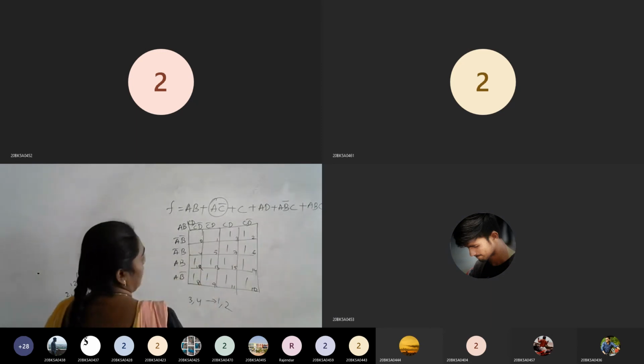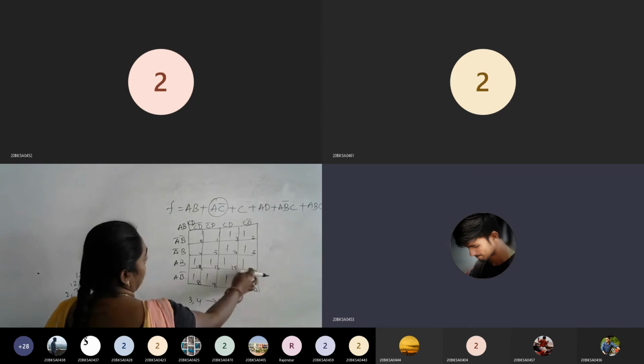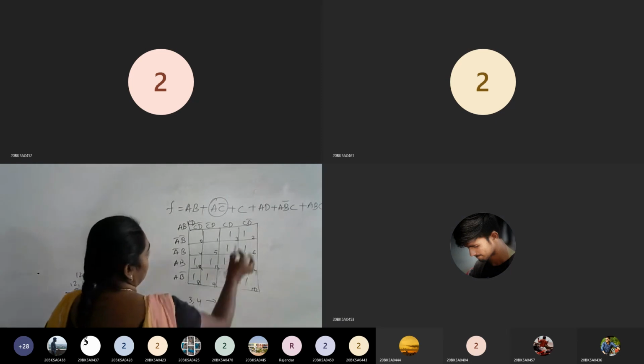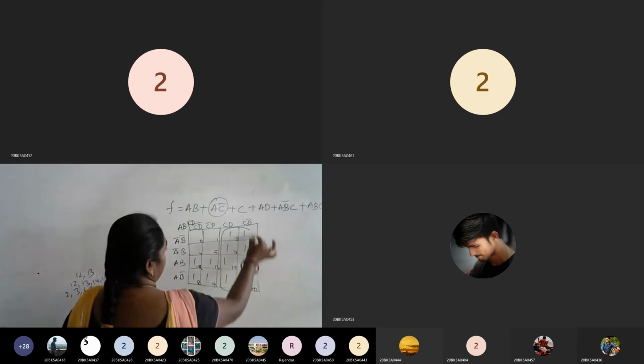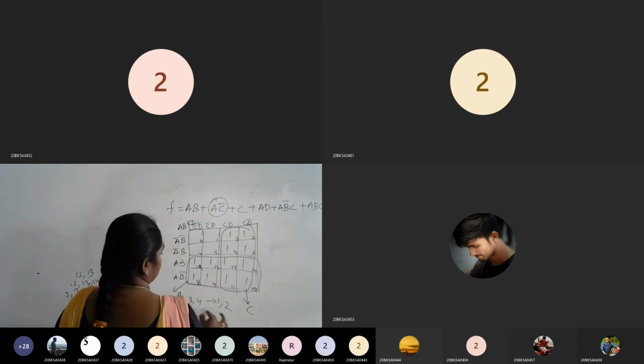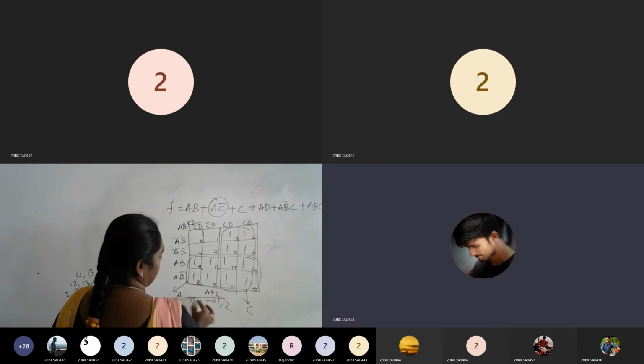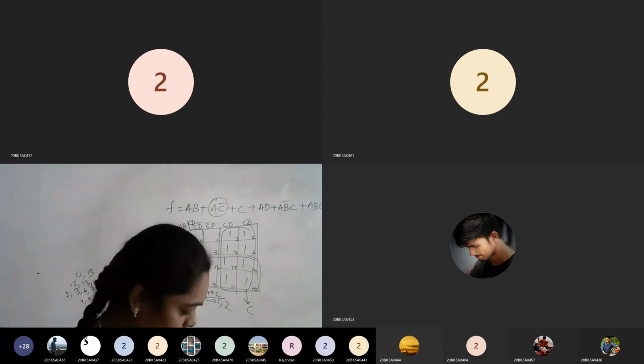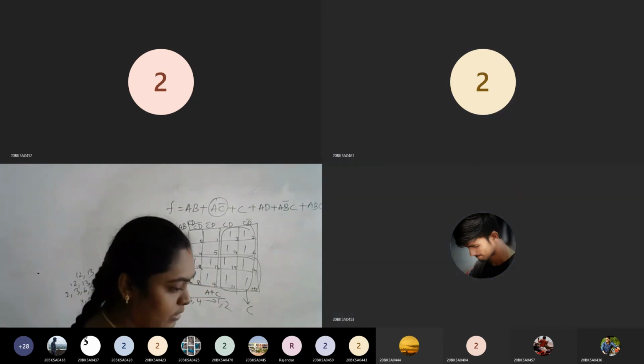C is last two columns. 14 and 15. This is 1, this is 1. The expression for this is C, this is A. So A plus C. Is it clear, the direct method?